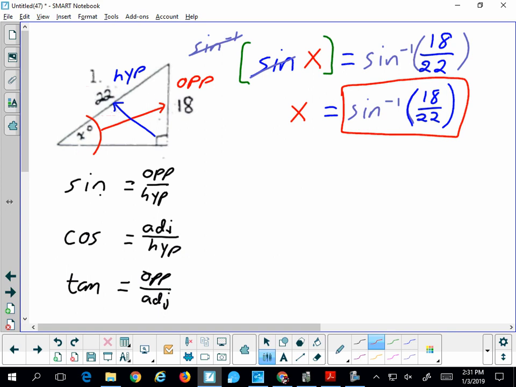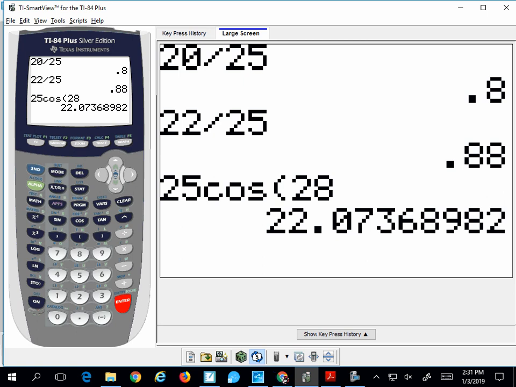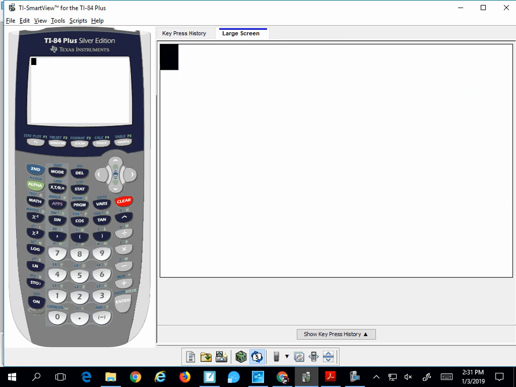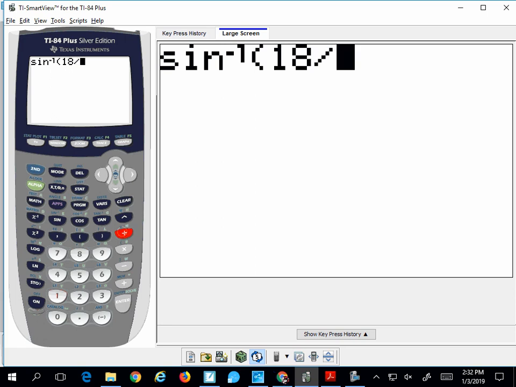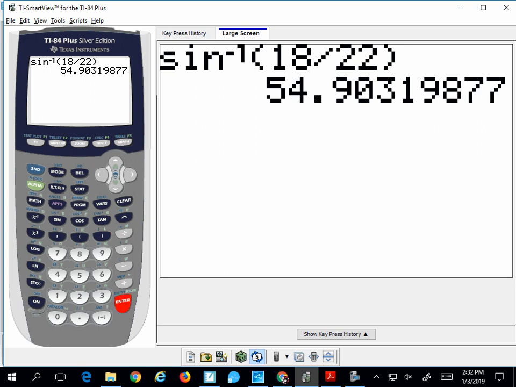So then I'm going to go to my calculator. Since I need the inverse sine, I hit second, sine -1, and then I put in my ratio, 18 divided by 22. And hit enter, and that gives me my angle.